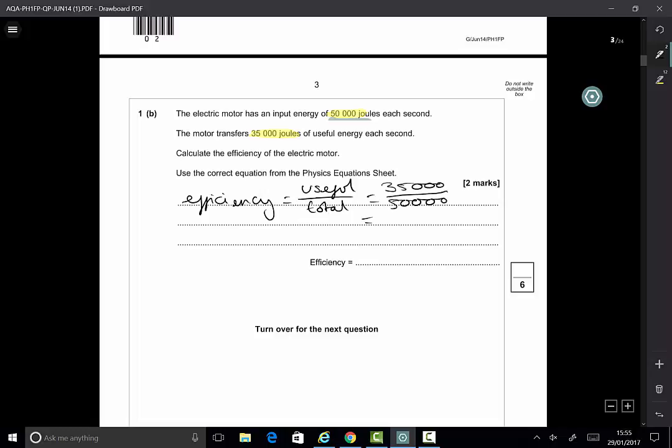So we just need to put that into our calculator, and that gives us 0.7. And we could leave our answer like that, and 0.7 would give you both of the marks, or we can times by 100% to give you 70%. If you write 0.7%, that would be wrong. If you wrote 70 without the percentage sign, that would also be wrong.